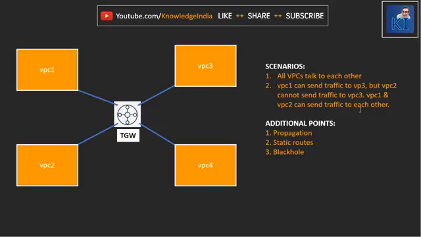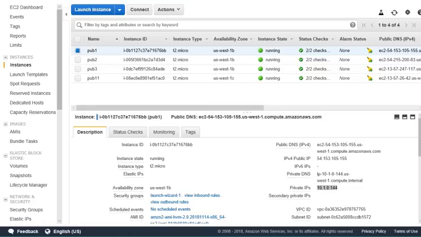VPC 1 would be able to send traffic to VPC 3, but VPC 2 cannot send traffic to VPC 3. Okay, all right, great. So as I told you, you can use a different route table for every attachment, right? So let us go ahead and do that now.